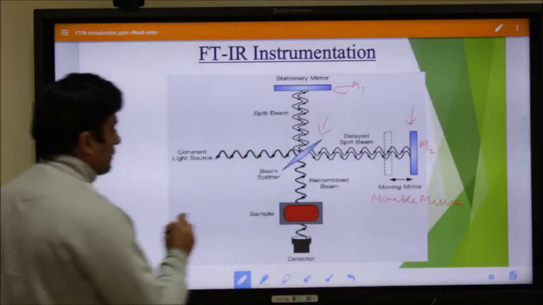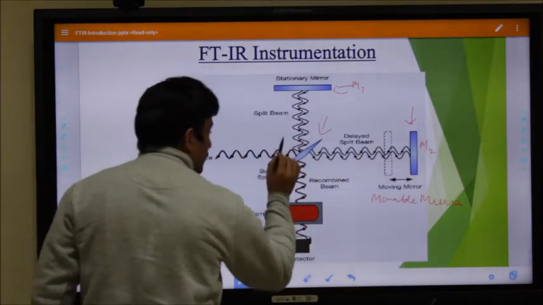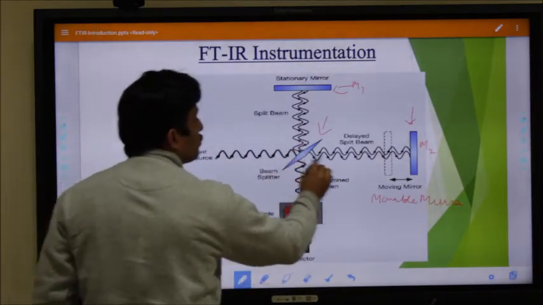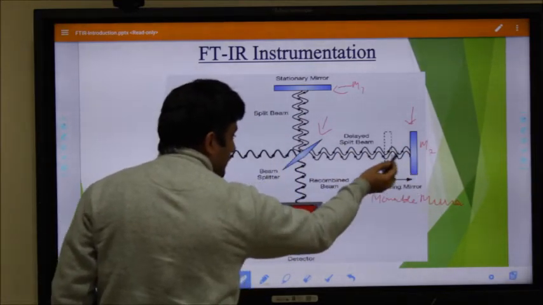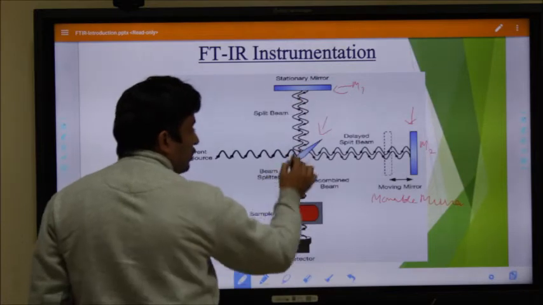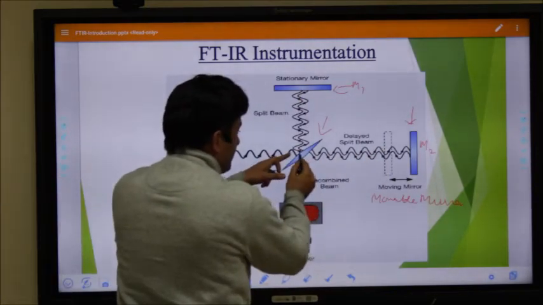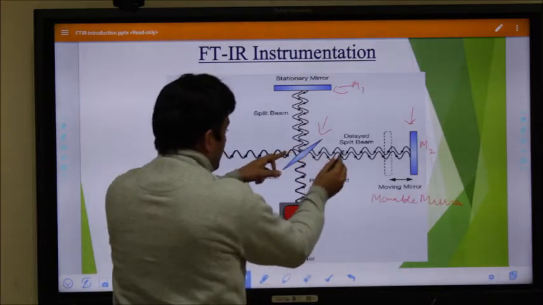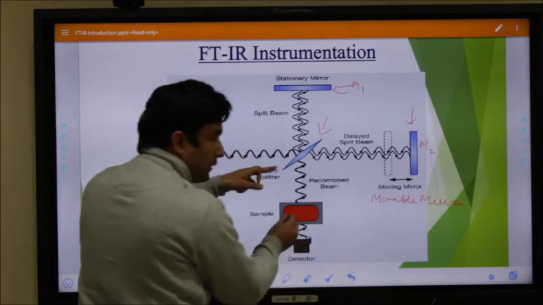What happens here? The light goes from this beam splitter to two different mirrors. Like this, it reflects back from both the mirrors. It combines here, some of the light passes through here, and some goes down there to the sample.